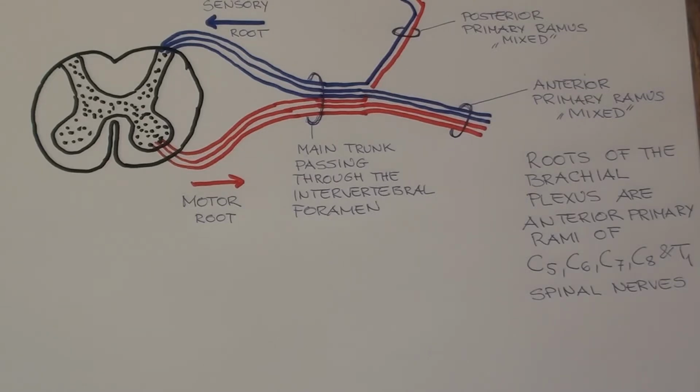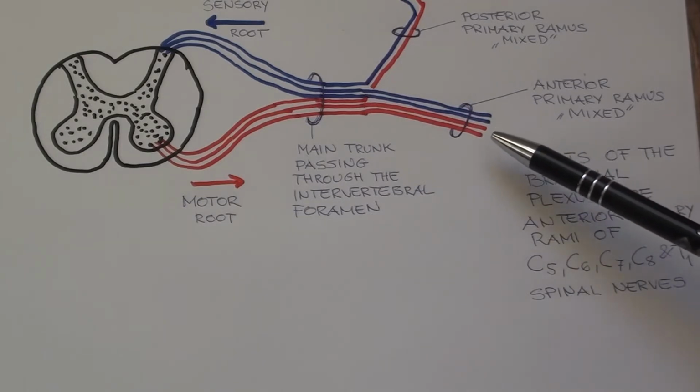If it makes it easier to memorize, the posterior primary ramus is a branch of a nerve that is directed towards intrinsic muscles of the spine, like erector spinae, like splenius capitis, like multifidi, and of course its sensory branch will also be innervating a patch of skin that is immediately next to the midline on the posterior aspect of the back. That is the smaller of the two branches.